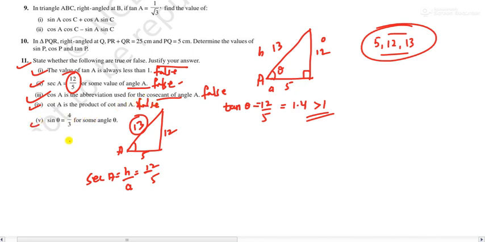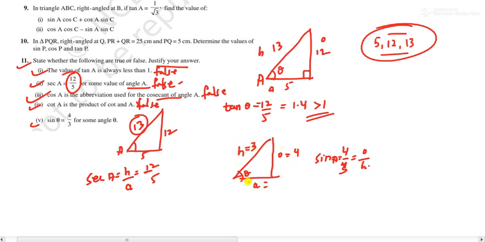Now the last question: sin A is 4 by 3 for some angle. So let us check it. What is sin A? O by H. Correct. So if this is theta, this is O, this is A, this is H. It means O they have given as 4, and H is 3.